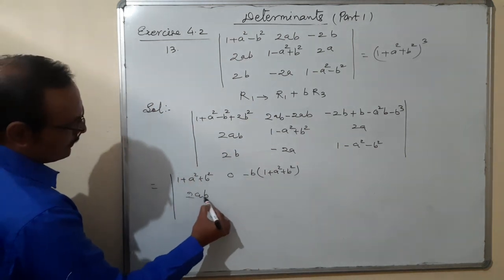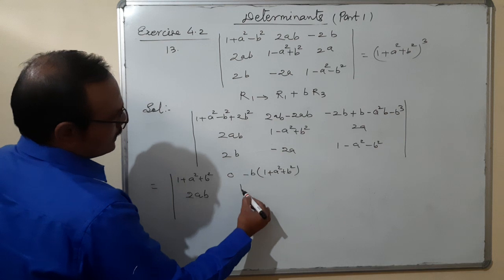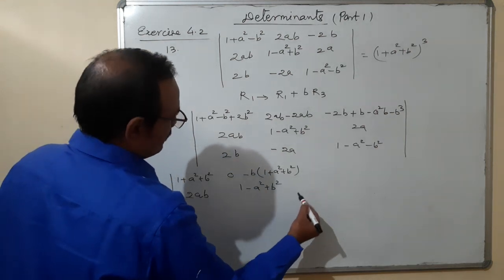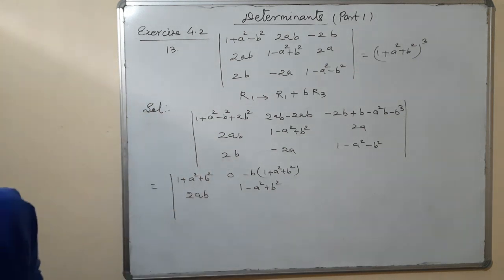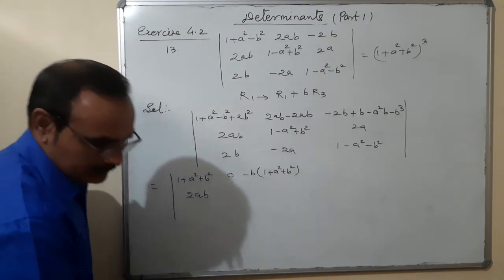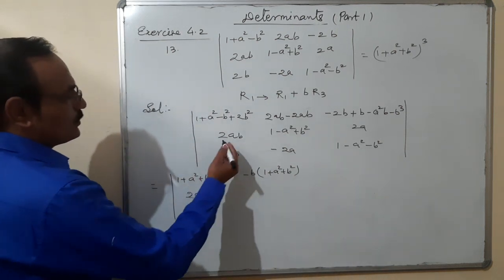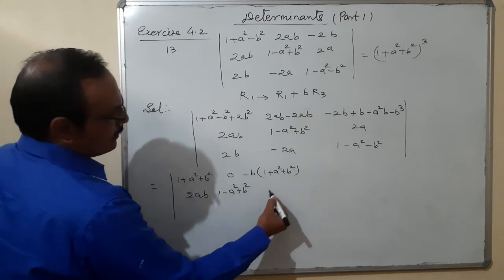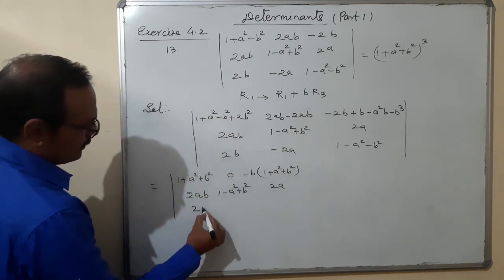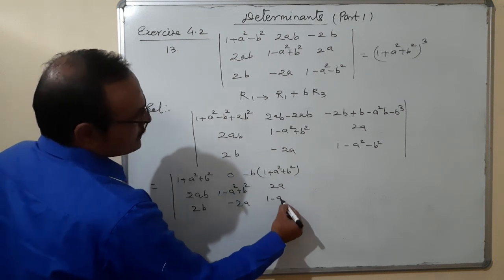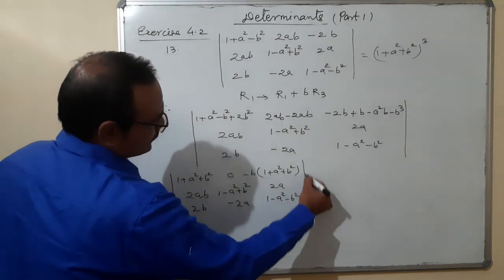2ab, 1 minus a square plus b square, 2a, 2b, minus 2a, 1 minus a square minus b square.